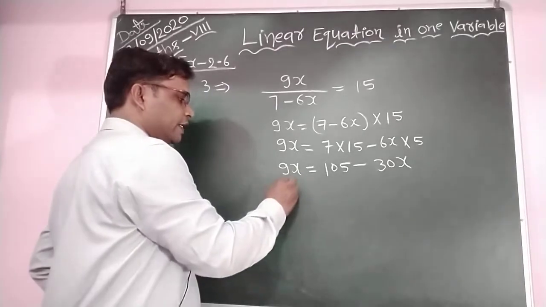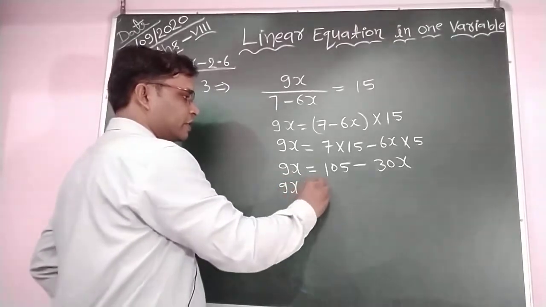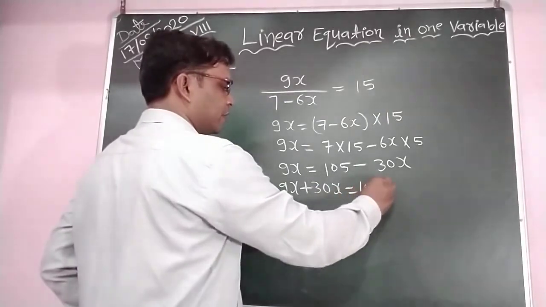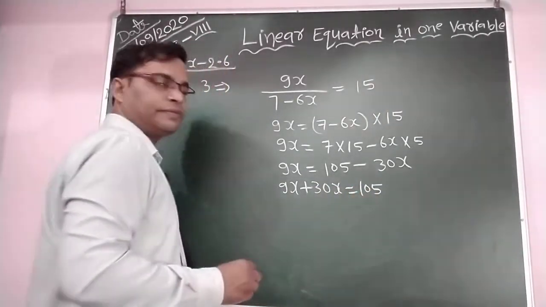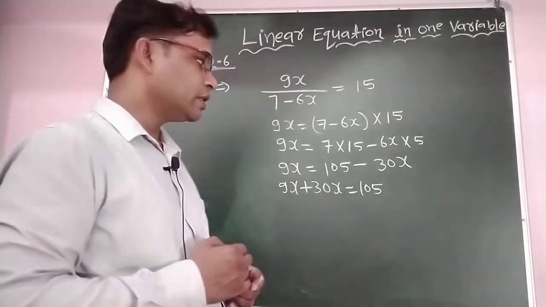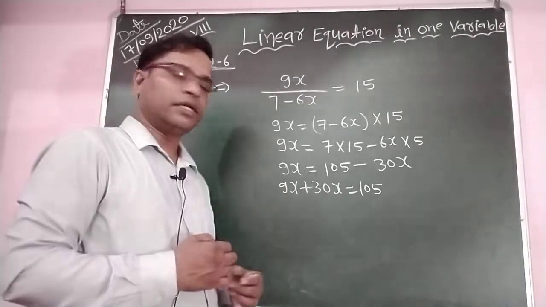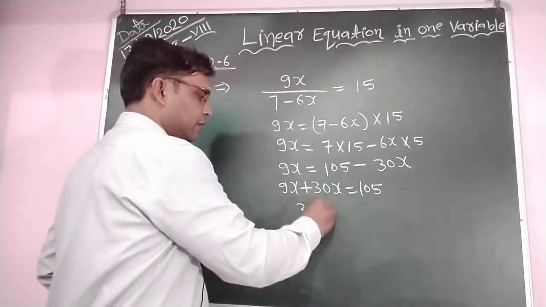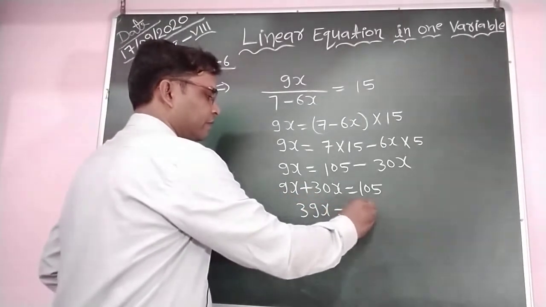So you can write here 9x plus 90x. This is equal to 105. Clear? Now 9x plus 90x, this becomes 99x. 99x is equal to 105.